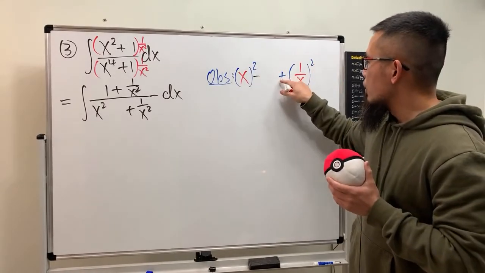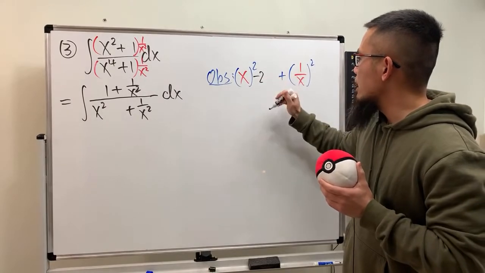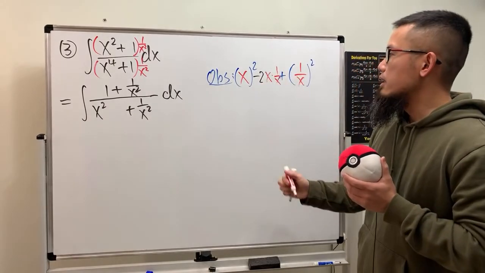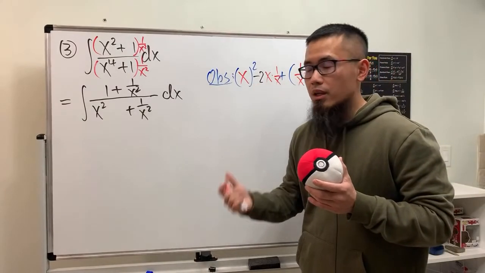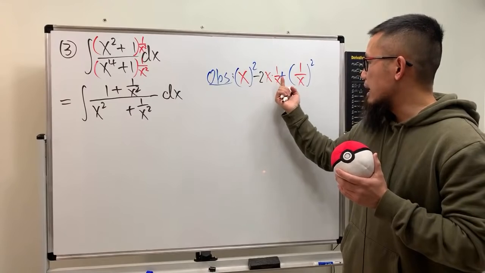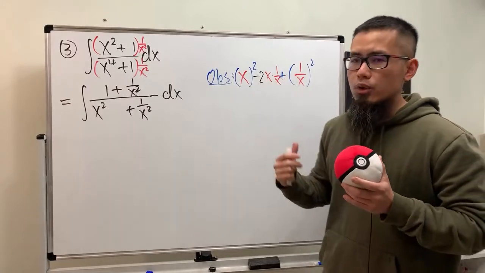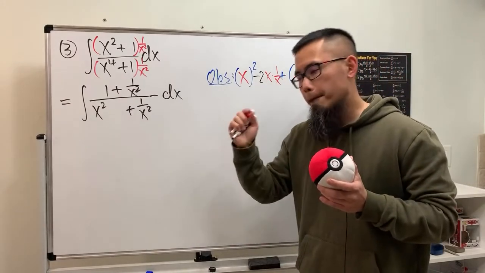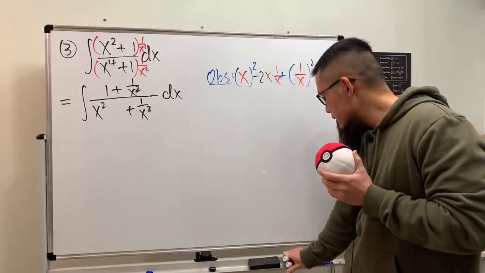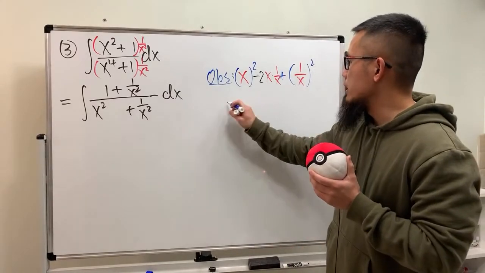If in the middle we have minus 2ab, which is just 2 times x times 1 over x, then this becomes a perfect square. You can also put down plus 2ab, plus 2 times x times 1 over x. That will also complete the square. However, you will see that for this part, the minus is going to give us what we really want.